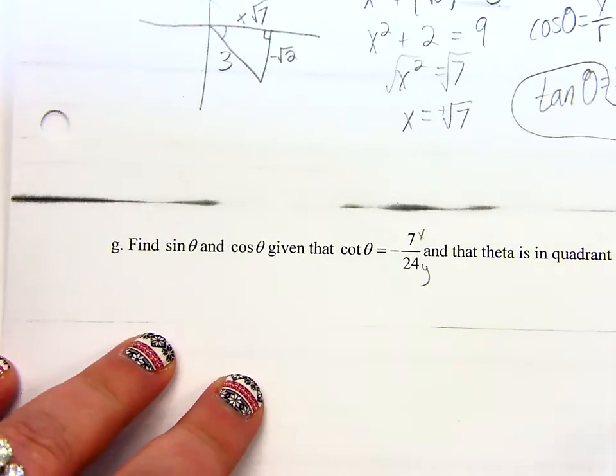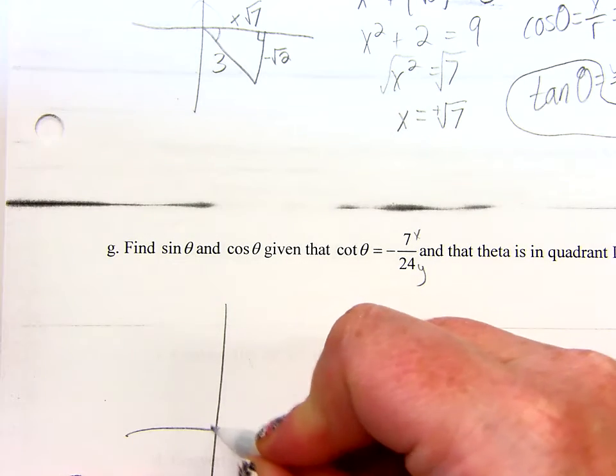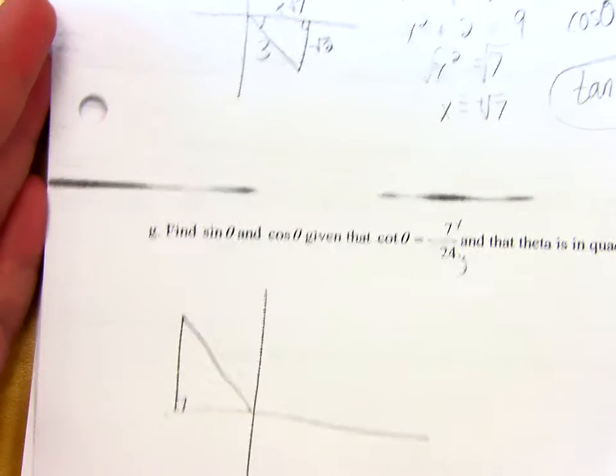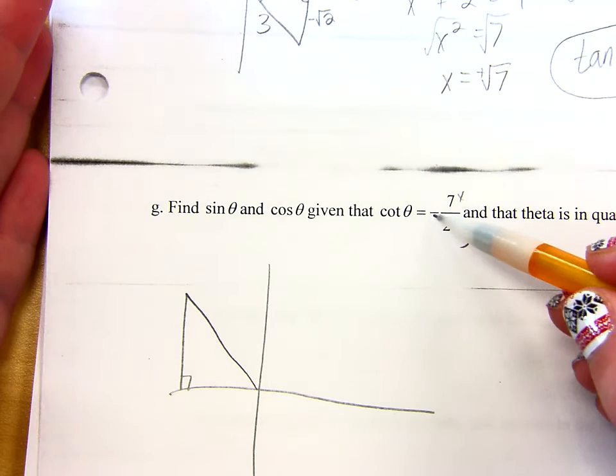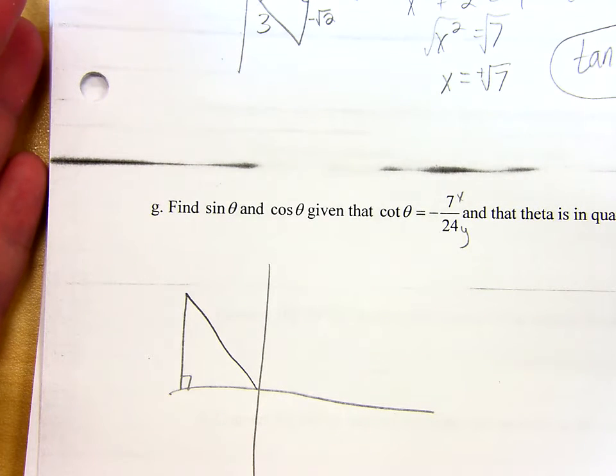And we know that we're in quadrant 2, so they're saving us some effort here. So in a fraction, if you have a negative out in front of a fraction, it could go with the 7 or the 24, right?